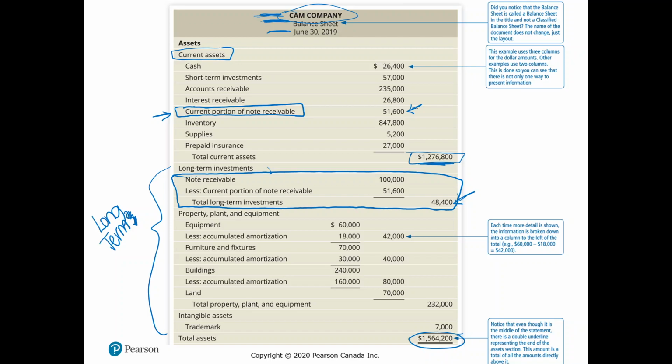So the $51,600 will be collected by CAM company in the next 12 months. Therefore, it meets our definition of current. But the remainder, this $48,400 that we see down here, this will be collected after 12 months.